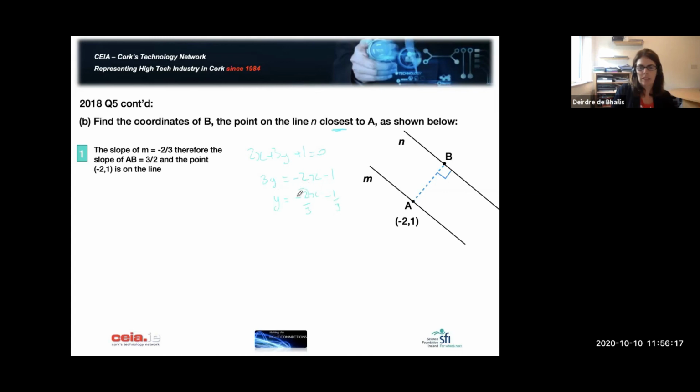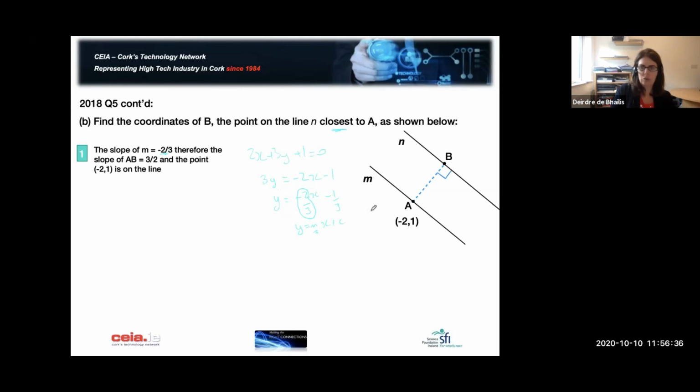And so what I see there is it's written in the form y equals mx plus c. So the coefficient of the x is our slope, and that's where I'm getting the slope of m is equal to -2 over 3.